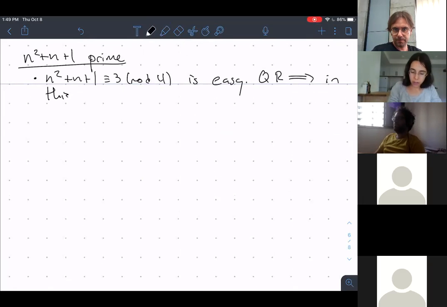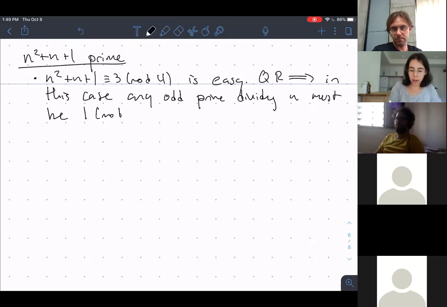in this case, using Mann's theorem, if n is the order of a perfect difference set, then any odd prime dividing n must be 1 mod 4.